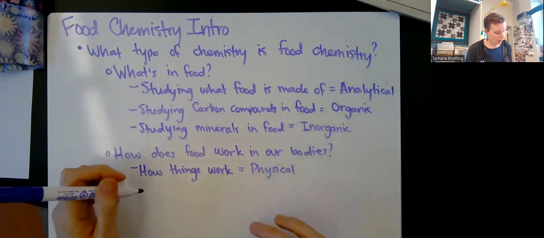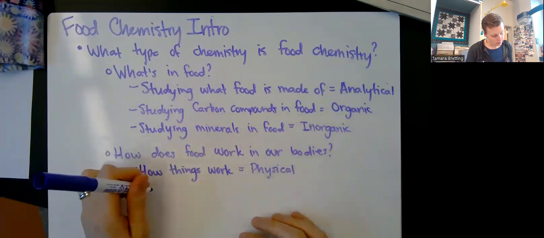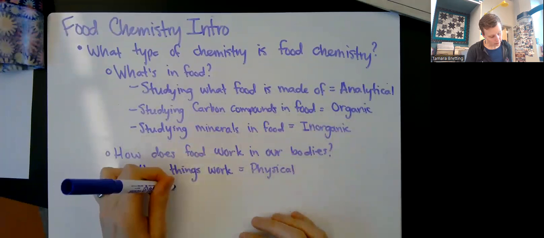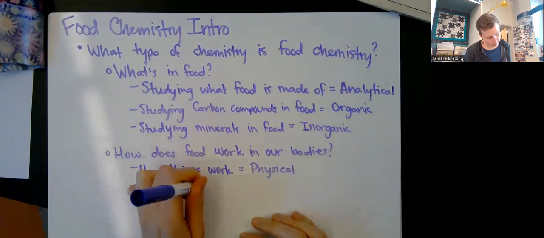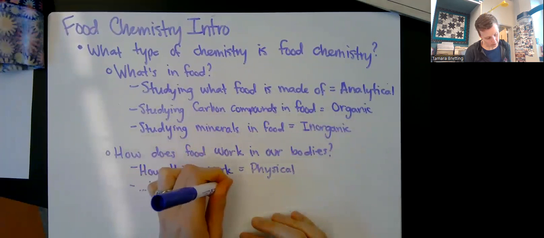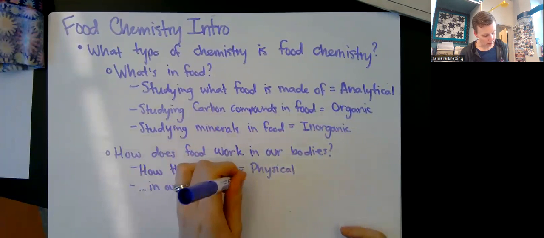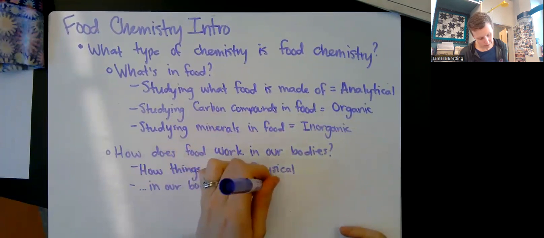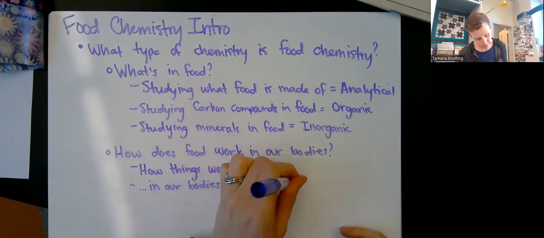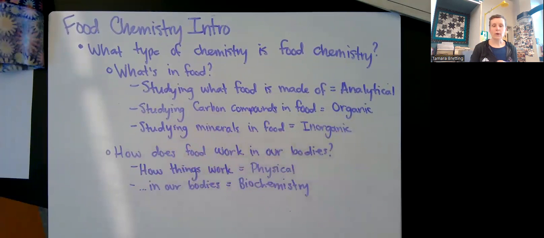And then the in our bodies piece, we are living organisms, so that's going to be our biochemistry. So how things work is physical. The in our bodies portion of that is biochemistry. So there we go. We've got all five types of chemistry.